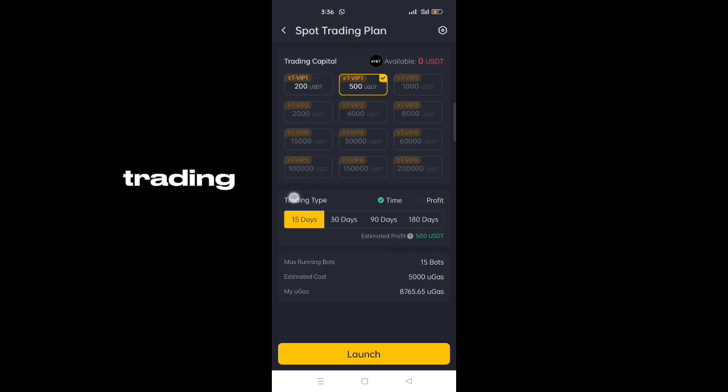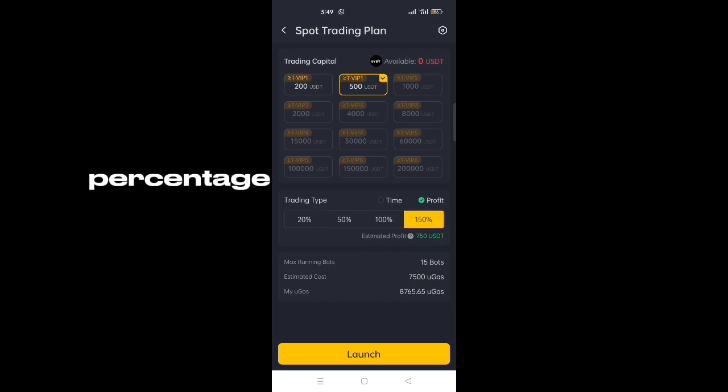Then come down to trading type where you can set the time, which is duration, and also set the profits. Here you can set the duration to 15 days, 30 days, 90 days, and 180 days. Then you can tap on the profit to set the estimated profit. You can set the estimated profit to 20%, 50%, 100%, or 150%.